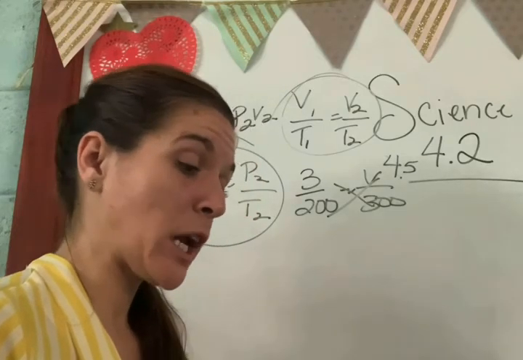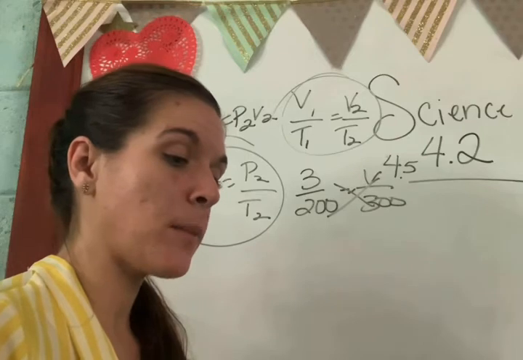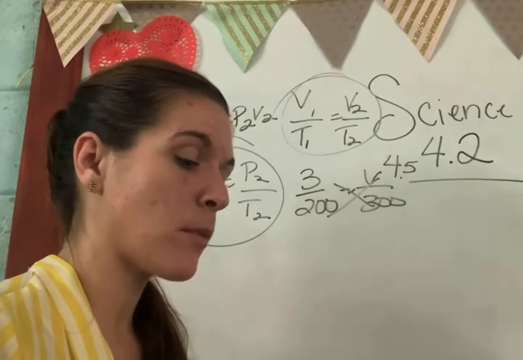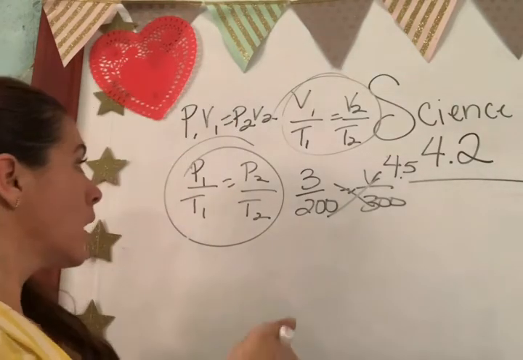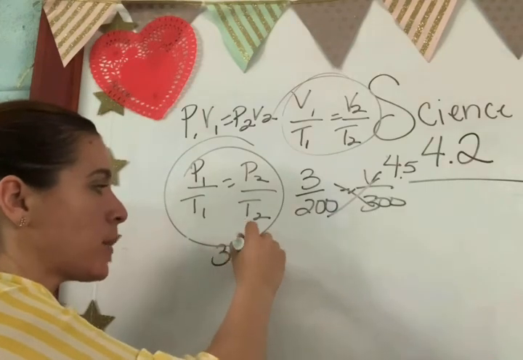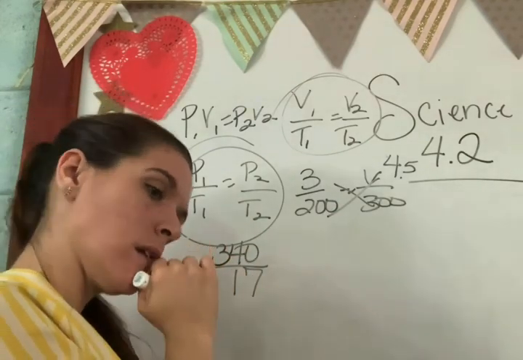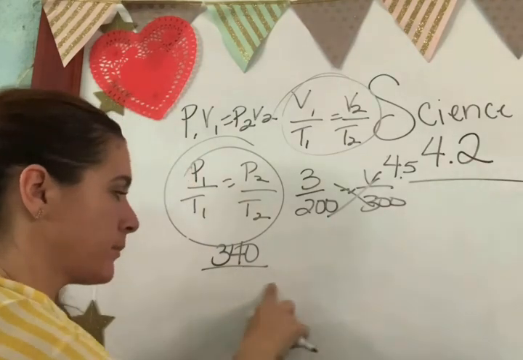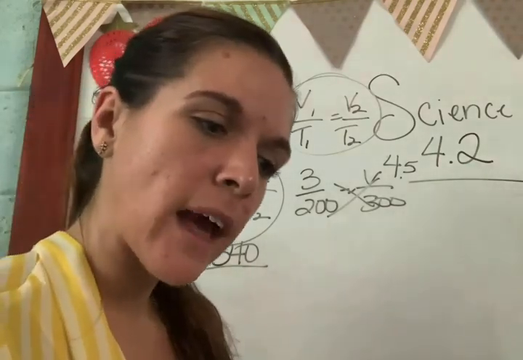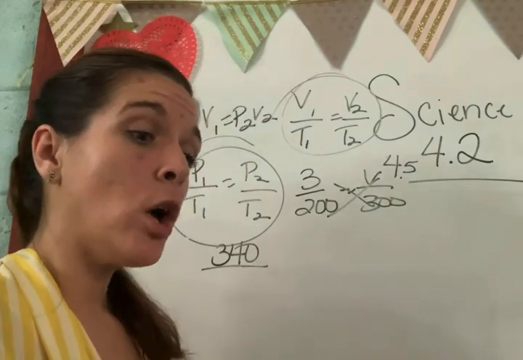Next one, number 6, the air in a car's tire is at a pressure of 340 and a temperature of 17. Okay, so 340 and a temperature of 17. Oh, no, we can't do that yet.